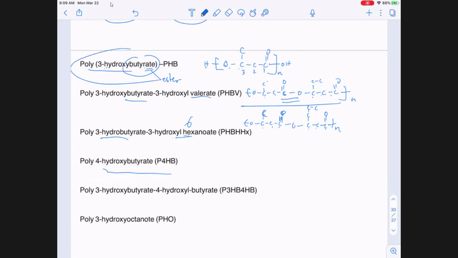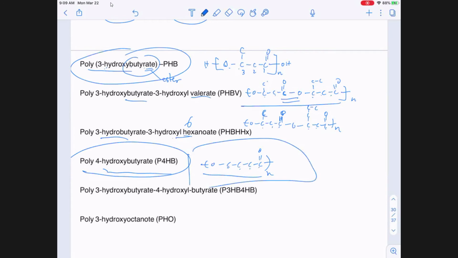And P4HB, that one is very stiff. Even at room temperature for a few days, it gets stiffer and stiffer. So we will also introduce poly-4-hydroxybutyrate, meaning again 1, 2, 3, 4. That's the P4HB.